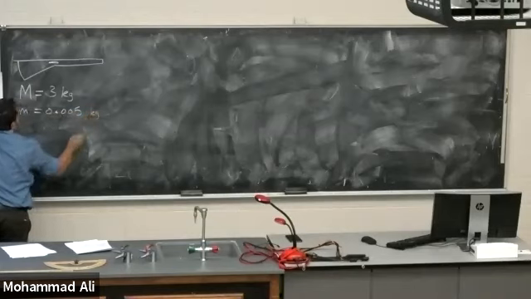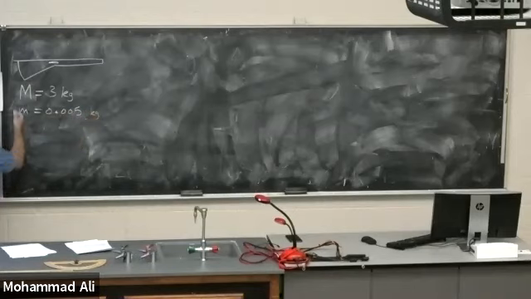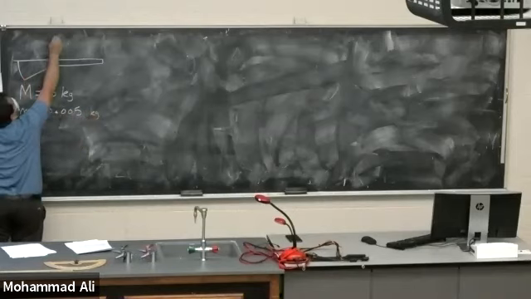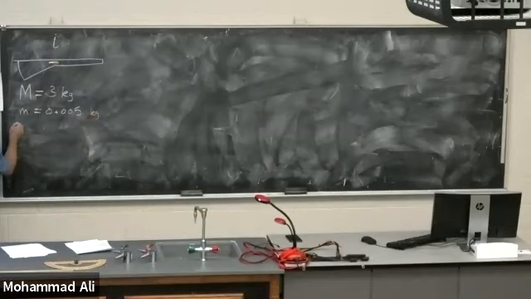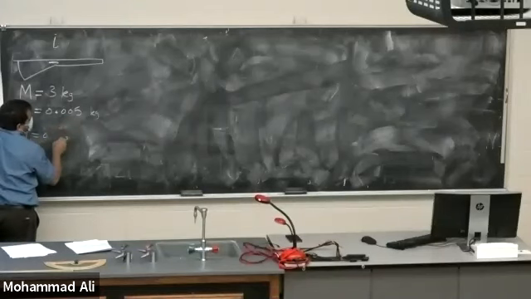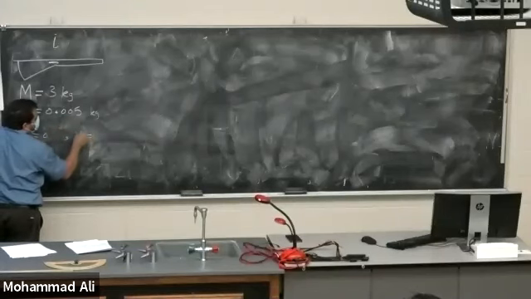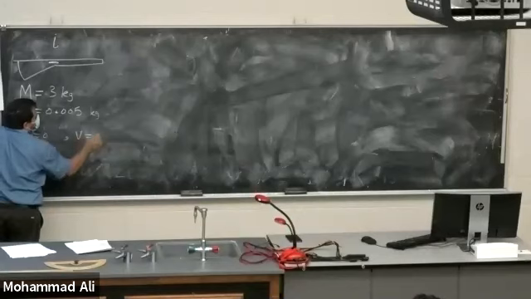The velocity initially, V capital for the rifle, is equal to 0 meters per second. And V for the bullet is equal also to 0.